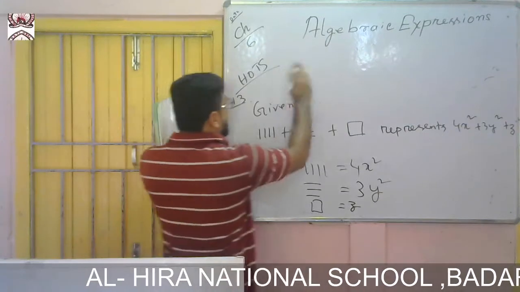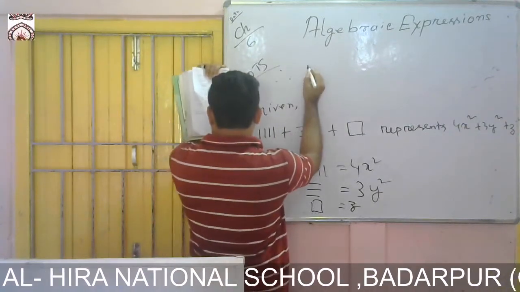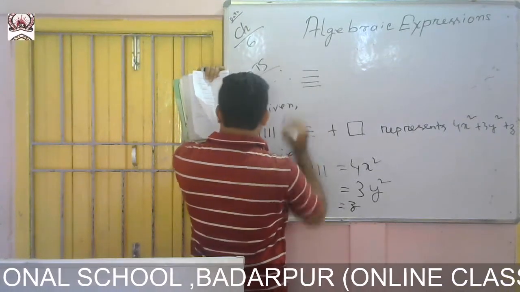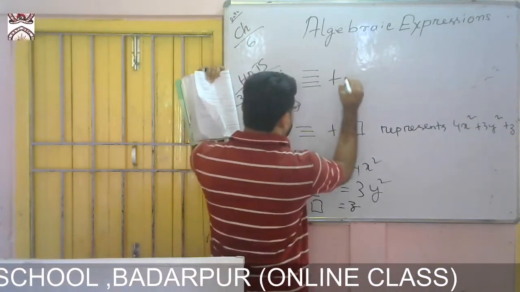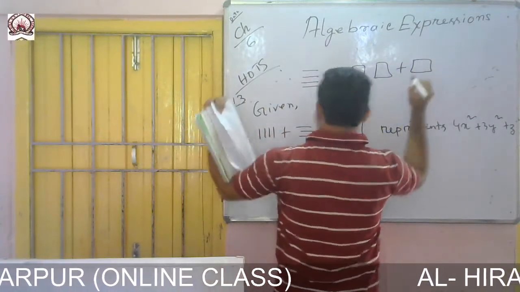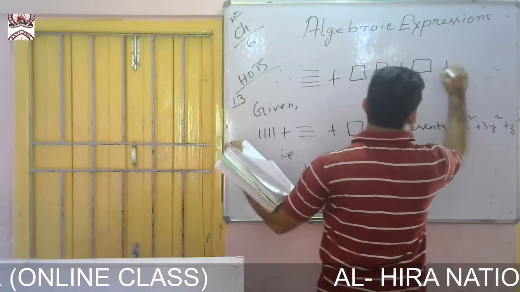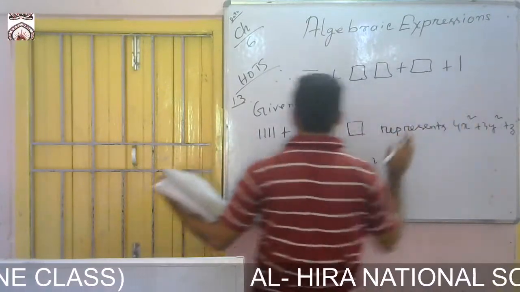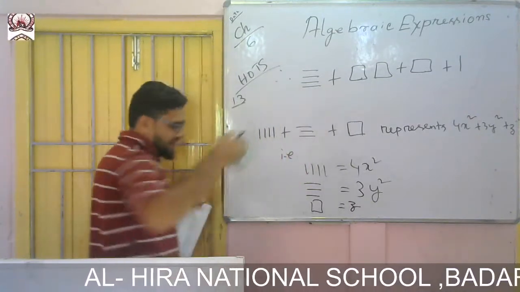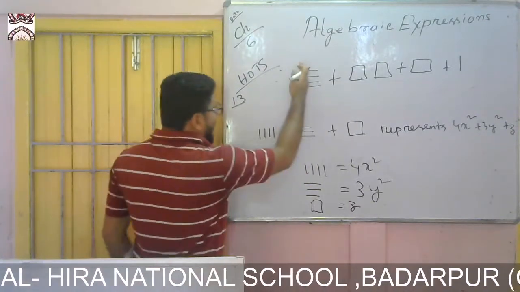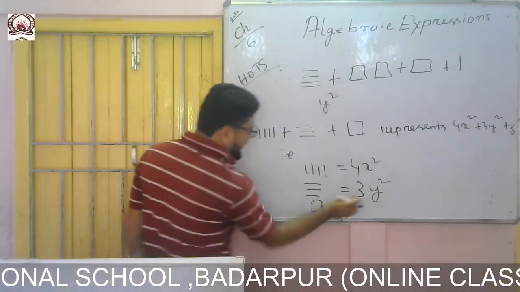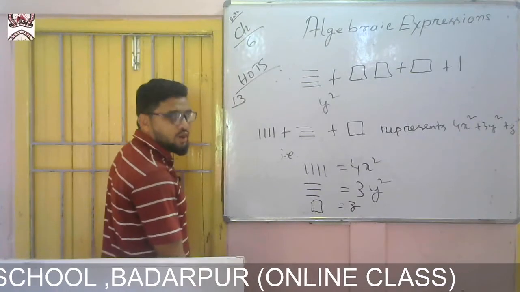So write, therefore, 4 horizontal lines plus 3 square boxes plus 1 vertical line. So what will it represent? From this we can understand. A horizontal line represents y square.